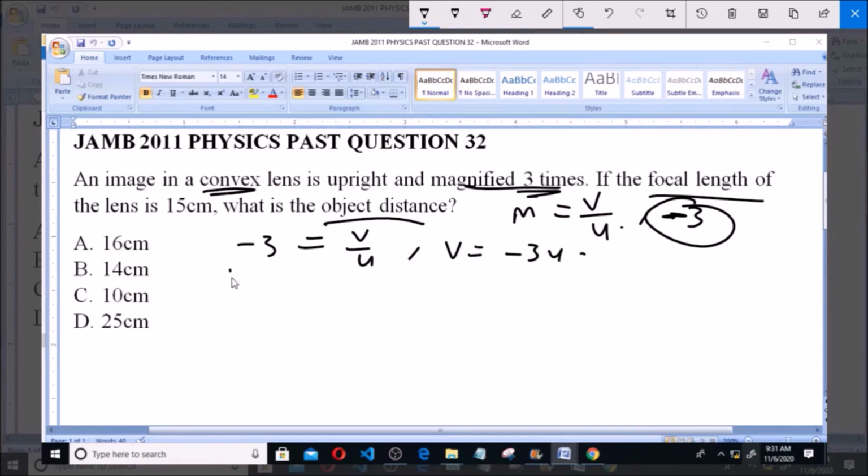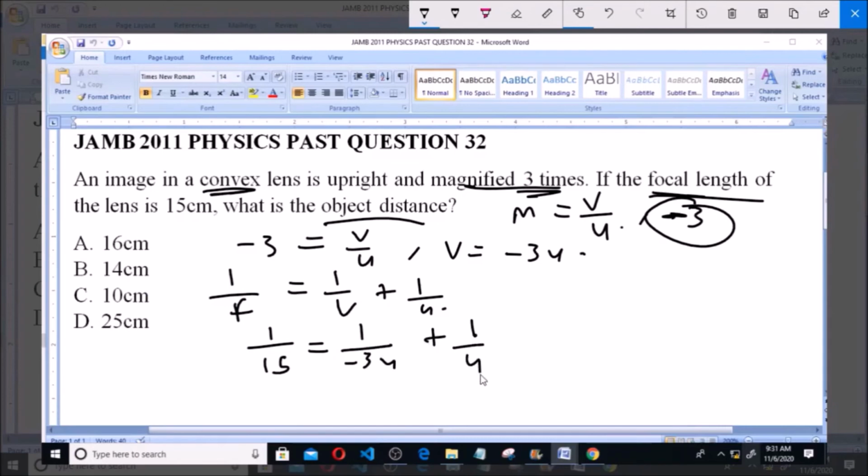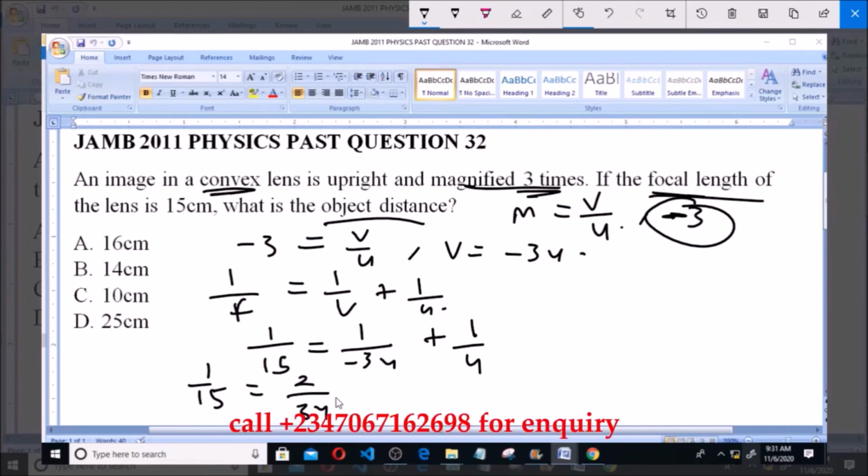Now the formula is 1 over F is equal to 1 over V plus 1 over U. So our V is -3U, and we are given our focal length, that is F. So 1 over 15 is equal to 1 over -3U plus 1 over U. Now 1 over 15 is equal to 2 over 3U.